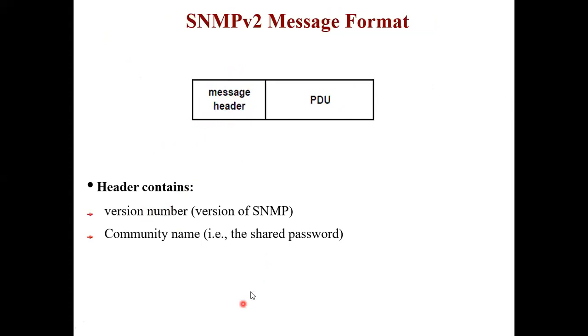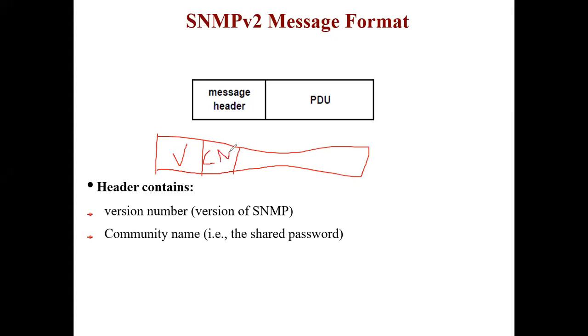So there are 3 blocks: the version, then the community name or community profile, and the PDUs. Exactly the same thing as your version 1. So no major change was there.